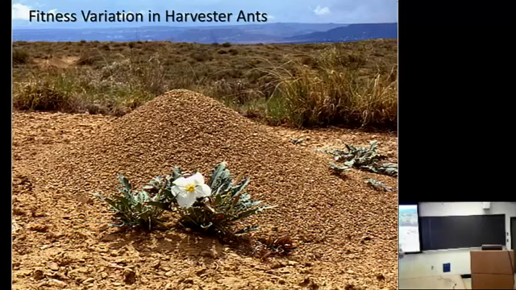So my goal here is really something a little more basic. I don't want to say fundamental, but it's just kind of basic. The question is, to what extent do we see variation among colonies in fitness?